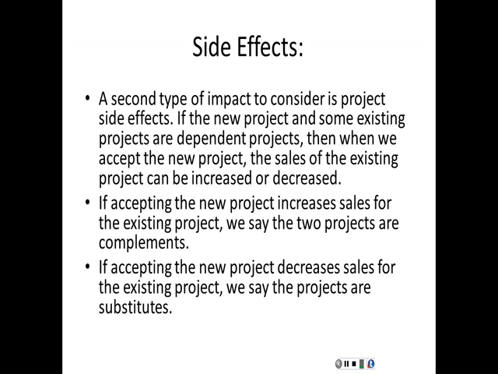A second type of impact to consider is a side effect. When we do projects, a lot of times it affects other things that we do. For example, let's say that the Coca-Cola company decided to release a new diet drink, flavored with orange or something such as that. Coca-Cola's sales of this new diet drink might be great.